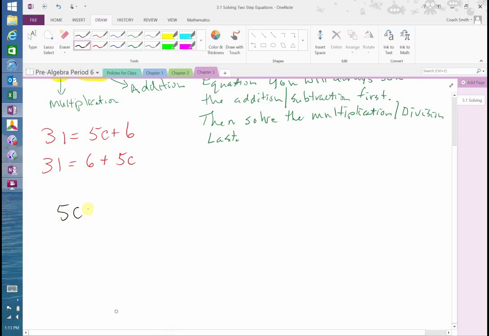I have 5c plus 6 equal 31. The way we treat this is we first do this. We treat it like it's really c plus 6 equal 31. So if I have c plus 6 equal 31, what do I do to solve that?